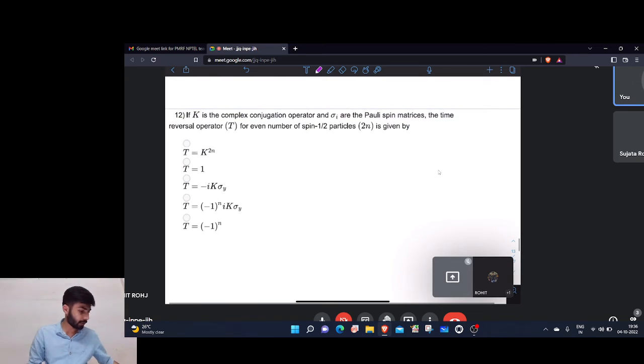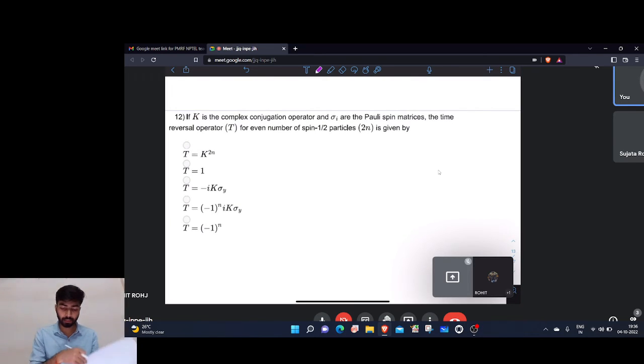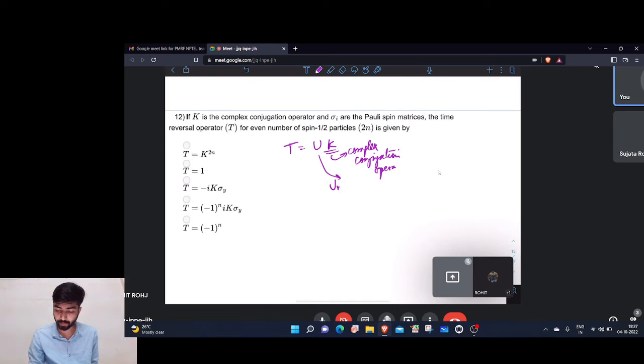Now question number 12 deals with the application of this time reversal operator. It says that if K is the complex conjugation operator and the sigma i are the Pauli spin matrices, we can write T as U times K, where K is the complex conjugation operator and U is a unitary matrix, and sigma i are the Pauli spin matrices.